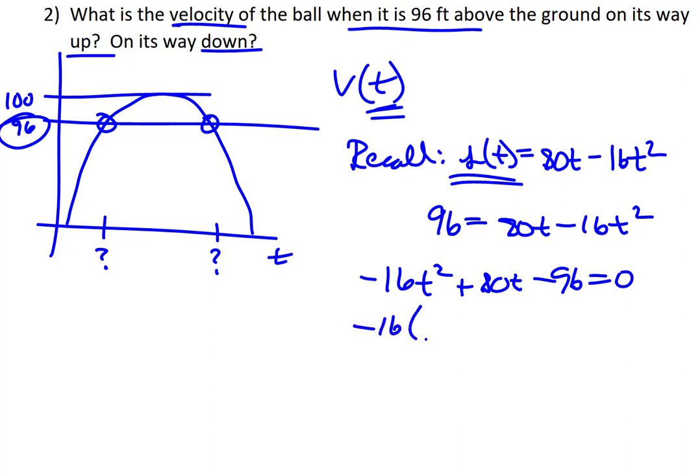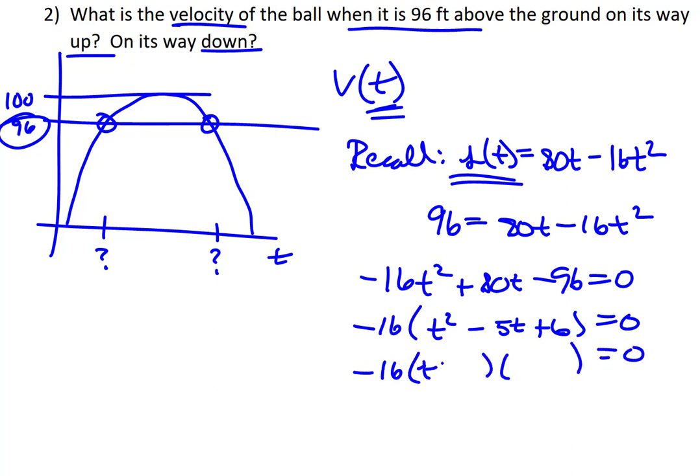We could do a little algebra with this one. If we factor out a negative 16, we'd be left with t squared minus 5t plus 6, all equal to 0. Keep this going. We could then factor this trinomial and get (t minus 3)(t minus 2), which tells us two things. As you know from algebra, t could be 3 or t could be 2.